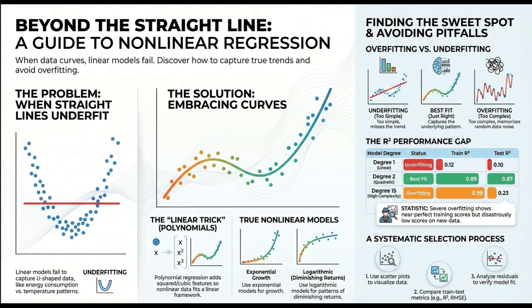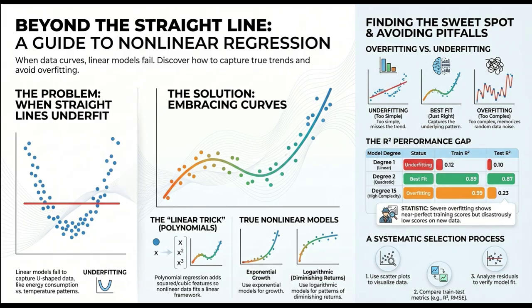The polynomial trick. Moving down to the next section, we see our first solution, polynomial regression. Here we use a very elegant mathematical trick. By taking our original variable and adding its powers, like x squared or x cubed, we create new features. Because of this feature expansion, the math actually reduces to a standard multiple linear regression.